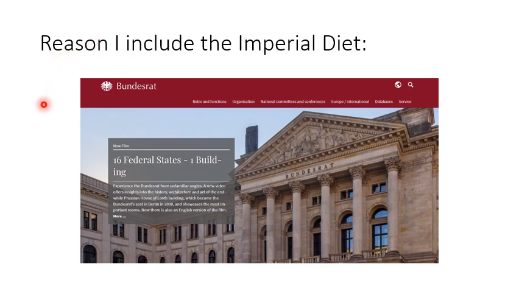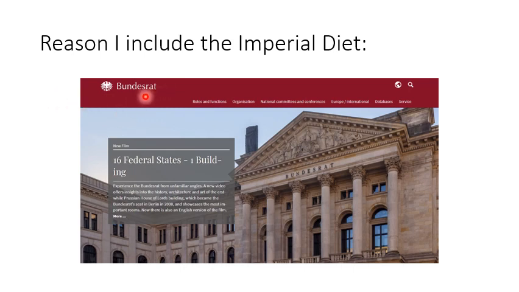And then there's also the Bundesrat of Germany. So I feel that the Bundesrat is at least somewhat similar to the Imperial Diet. Basically, the Bundesrat is the upper house of the German parliament. And it doesn't get as much attention as the Bundestag because the German chancellor and the ministers come from the Bundestag, not the Bundesrat.